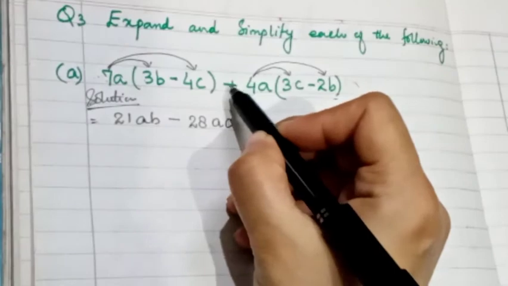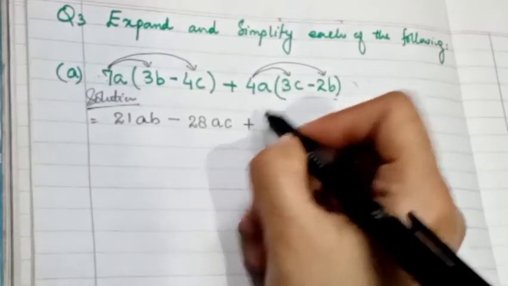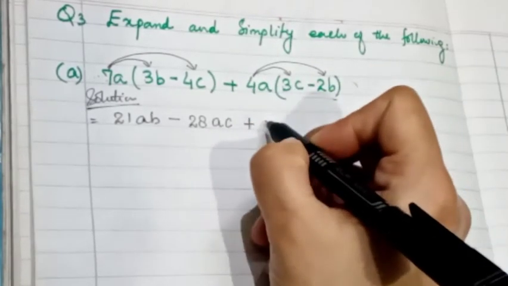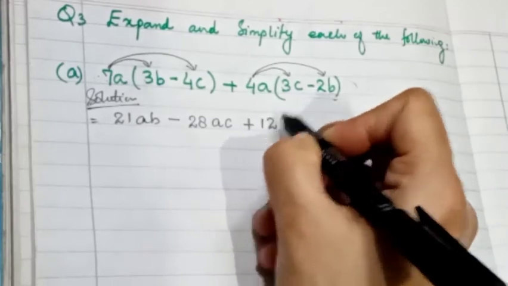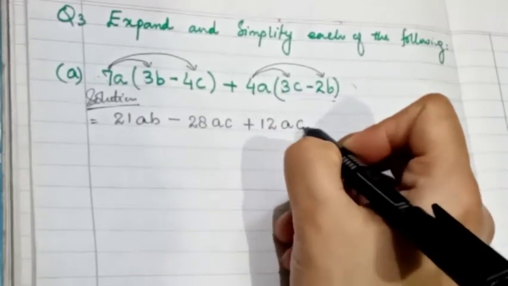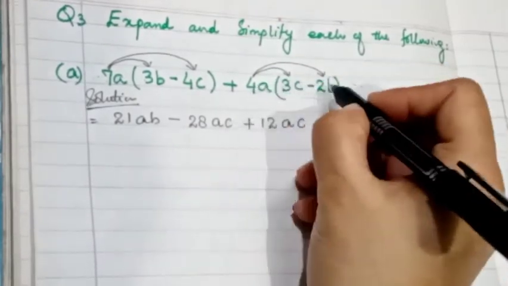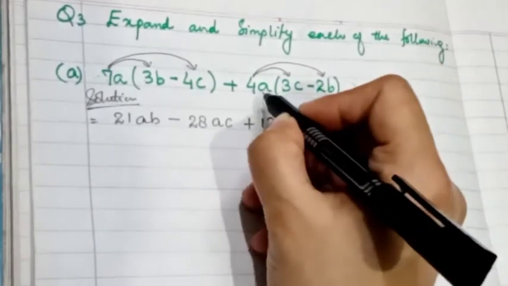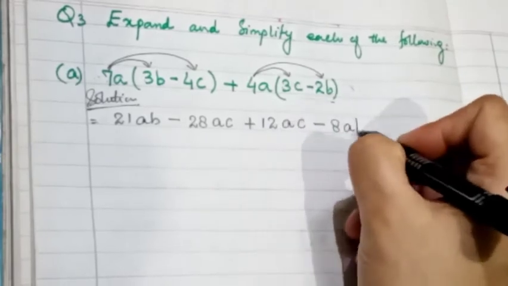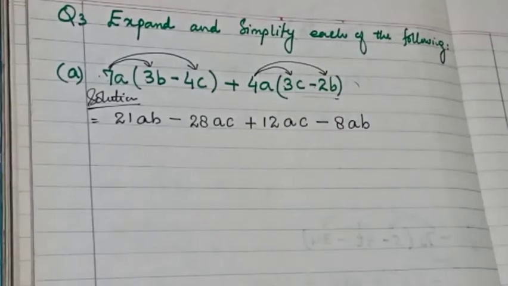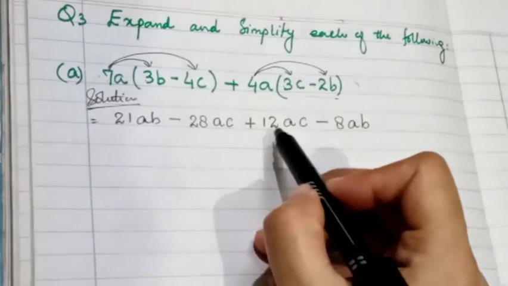Moving towards this side, we have to multiply their sign, plus plus plus, 4 into 3 means we have 4 threes 12, and a into c means ac, then plus minus minus, 4 into 2 8, and a into b means ab. So you can notice that we have like terms here.